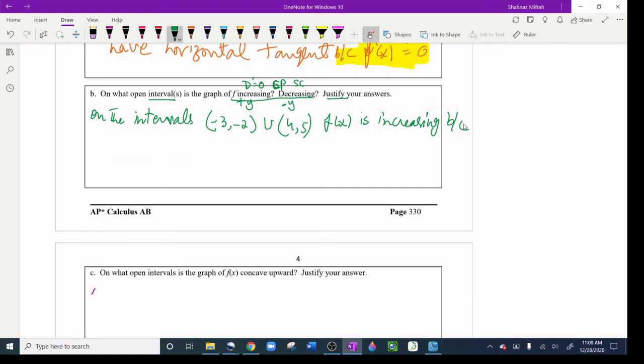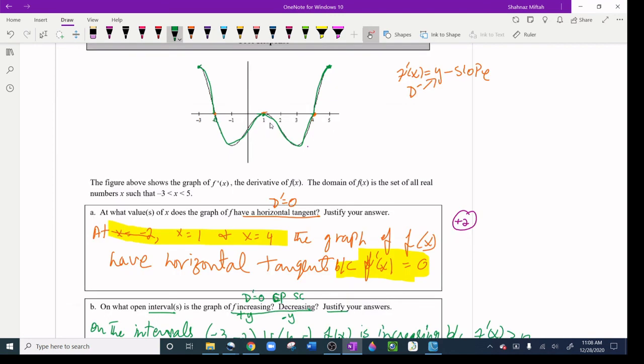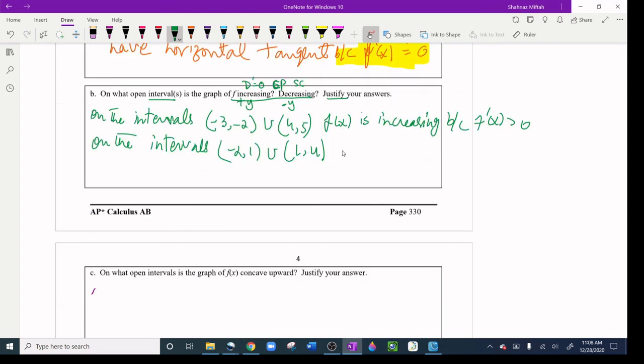So this is all from -2 to 1, because it's touching the x-axis, so I have to separate the intervals, like give them in separate parentheses, and 1 to 4. So I'm gonna say -2 to 1 and 1 to 4. F of x is decreasing because f prime x is less than 0.